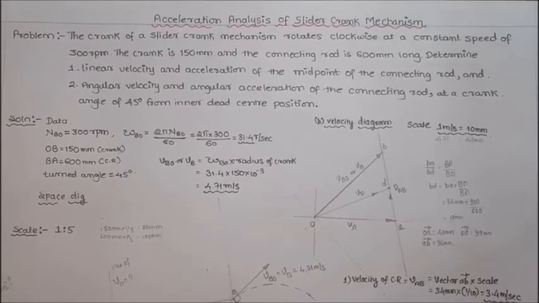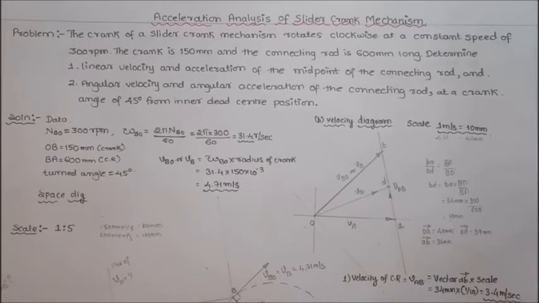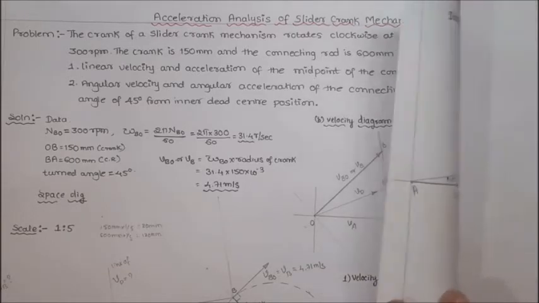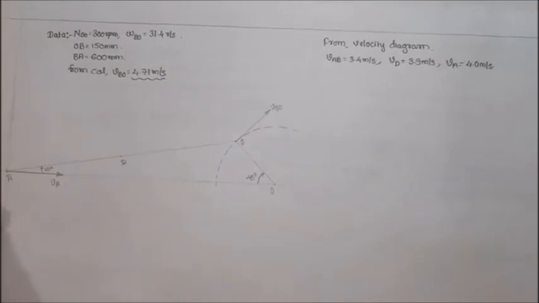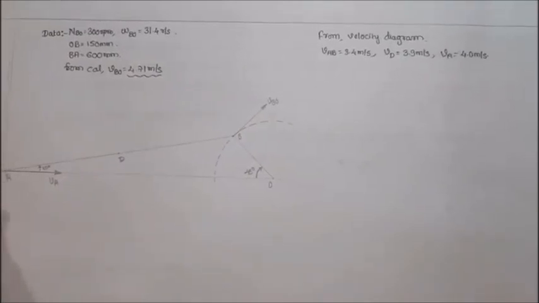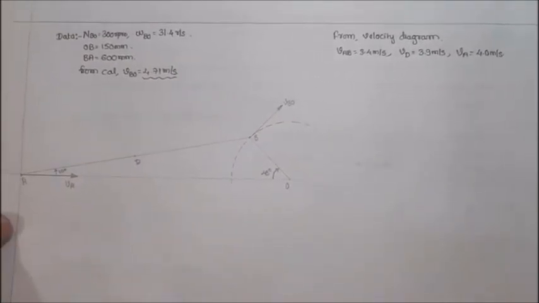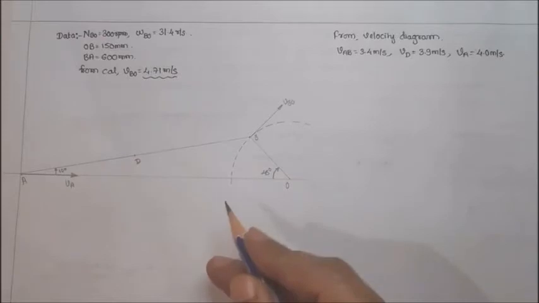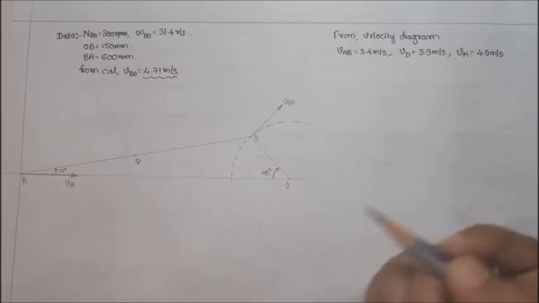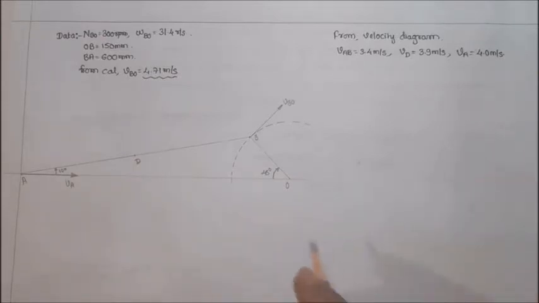To draw the acceleration diagram, we require certain inputs from the velocity diagram. Let's take those inputs and draw it. So for my convenience, I have already drawn the space diagram from the previous data, and written some of the data which may be needed for drawing the acceleration diagram.